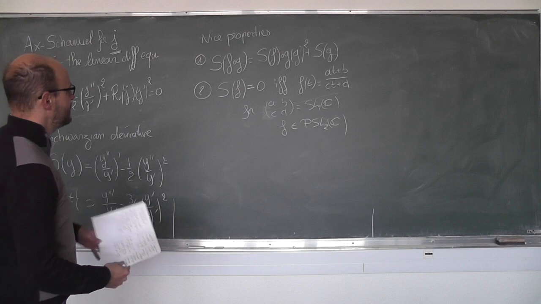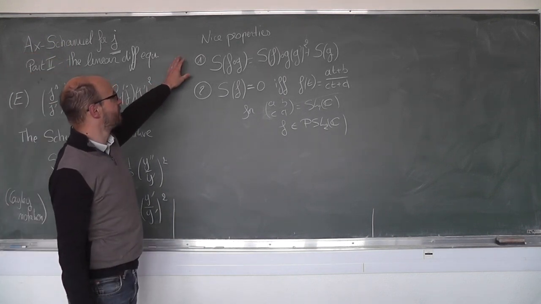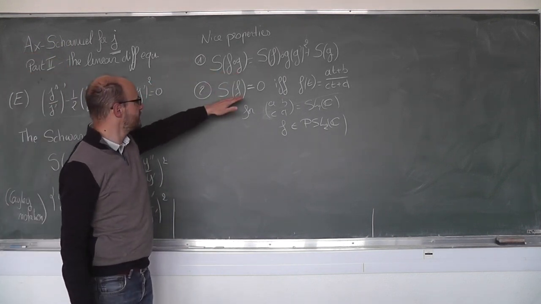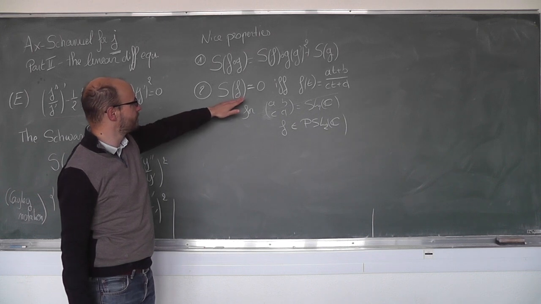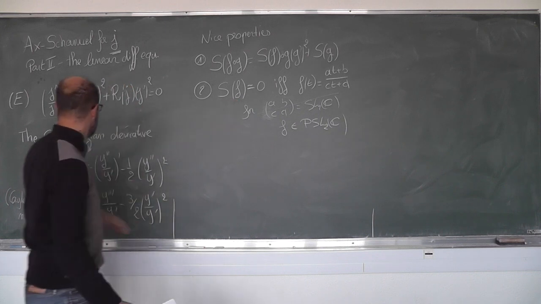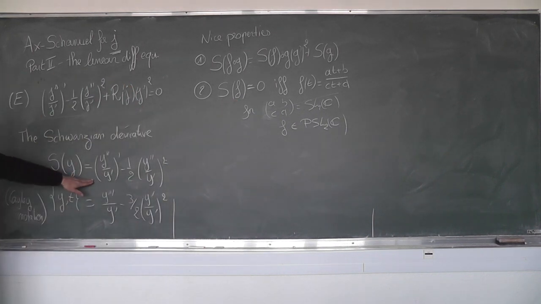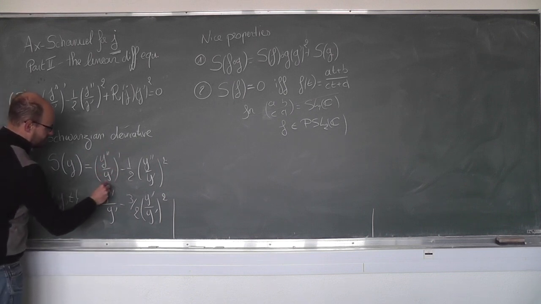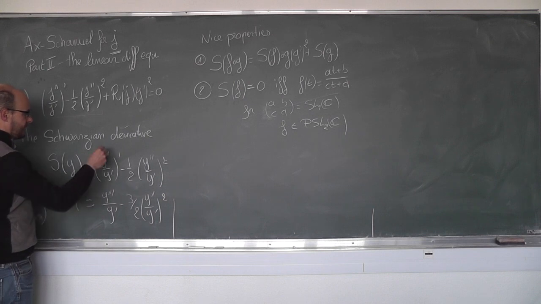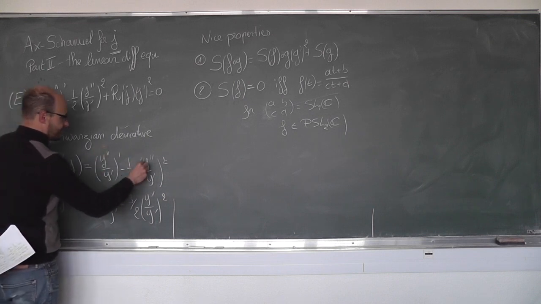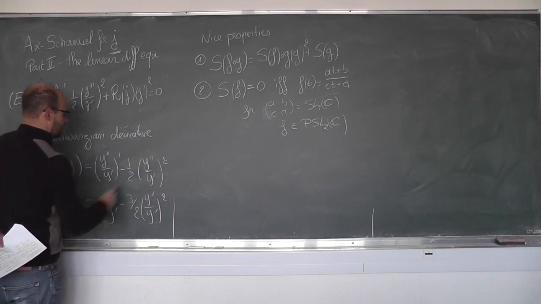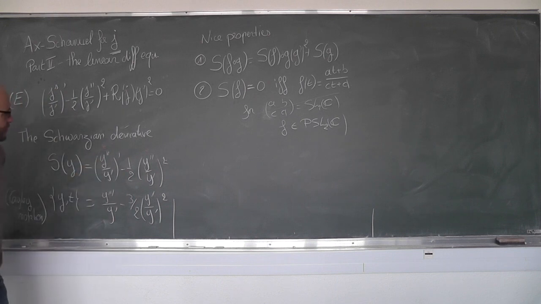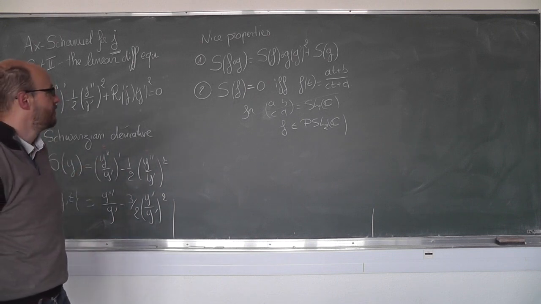So these two properties, you can prove them directly. This is direct computation, and this is just a matter of solving a differential equation. You call this Z, and you have Z prime minus 1/2 of Z squared equals 0.